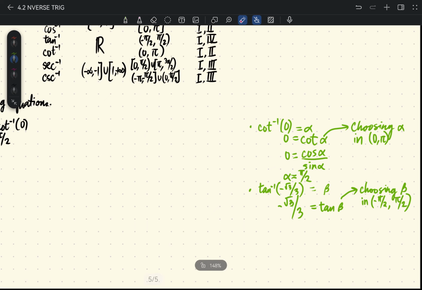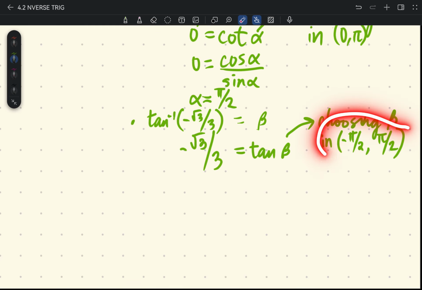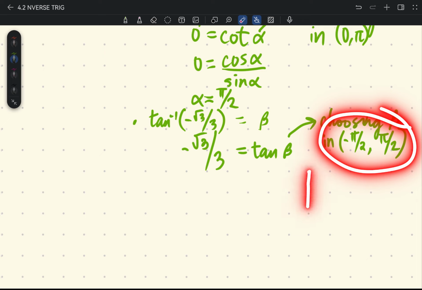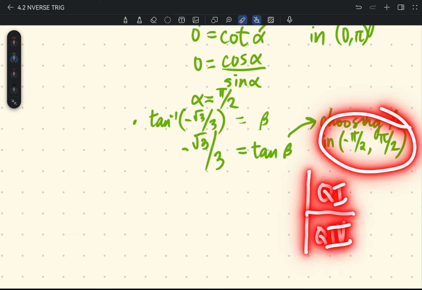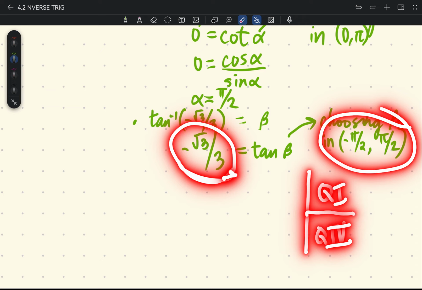Let's observe our interval right here. This one corresponds to quadrants 1 and 4. And since you have a negative value for tangent, that means that the x and y coordinates corresponding to beta have different signs. And since they have different signs, we are looking at quadrant 4.